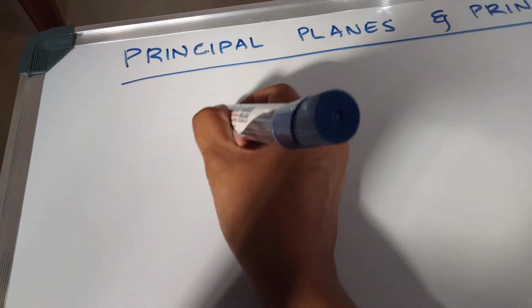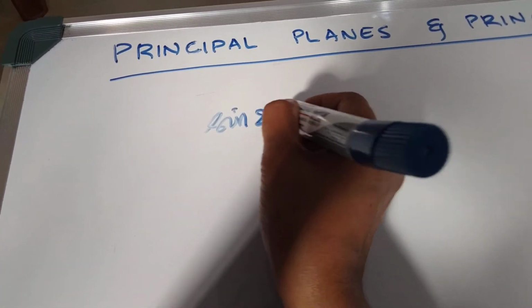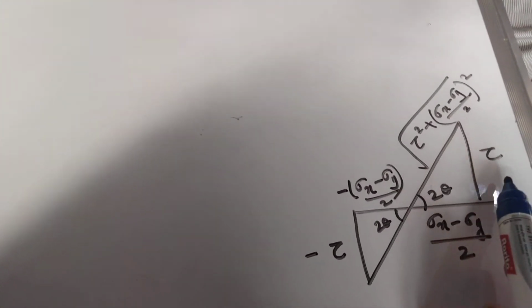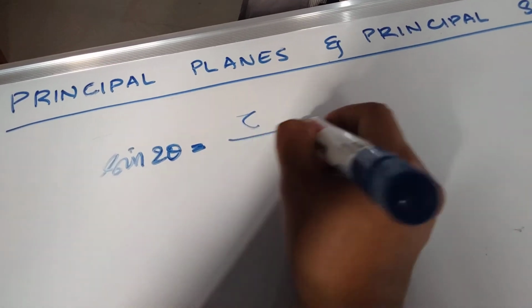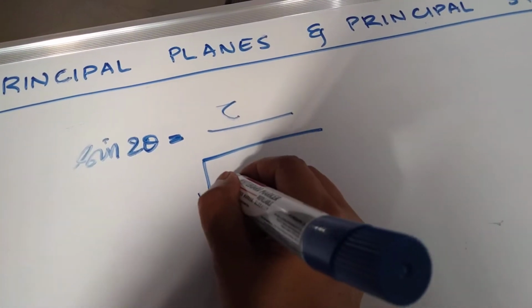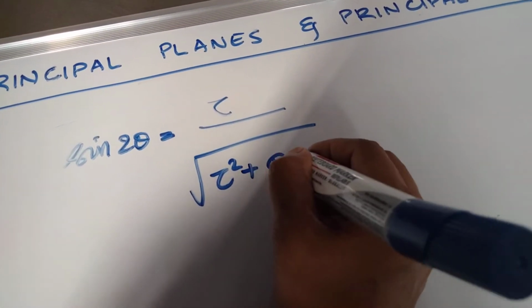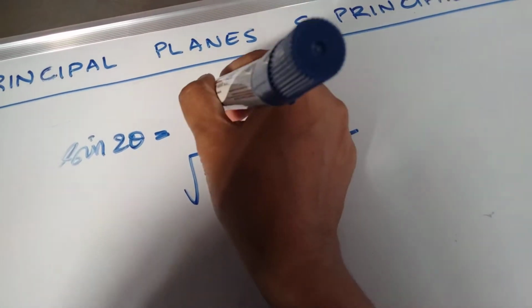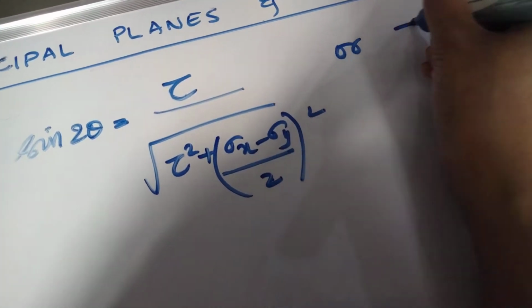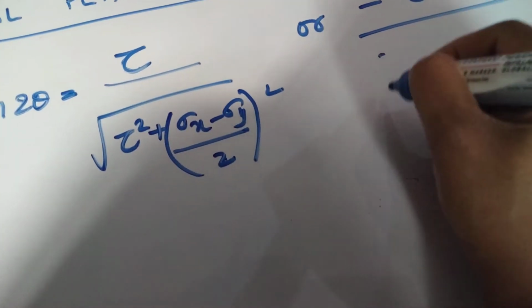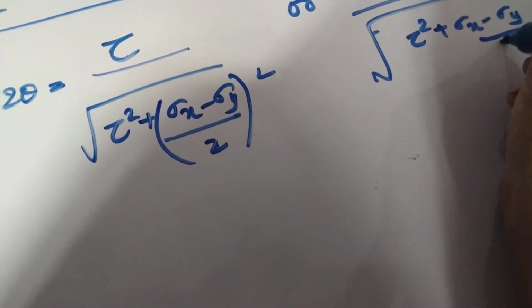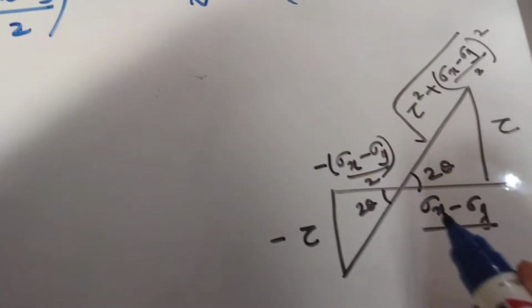From the above figure you can write sin 2 theta. Sin 2 theta will be opposite side by hypotenuse, that is tau divided by root of tau squared plus ((sigma x minus sigma y)/2) whole squared, or minus tau divided by the same value.